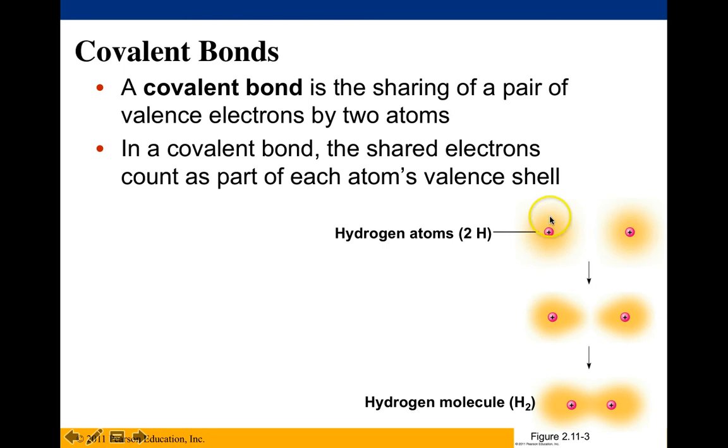So you can see here in this example, the 2 hydrogen atoms, each one has 1 electron in their valence shell, and each atom is looking for 1 more electron. So when 2 hydrogen atoms come together, they say, let's exchange the electrons.